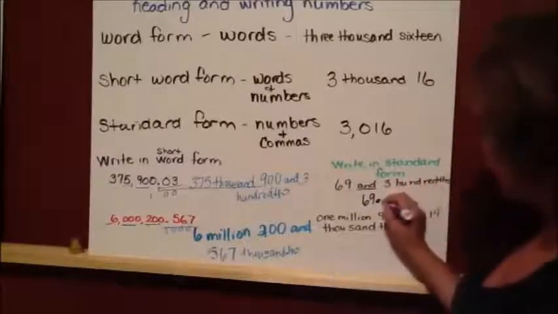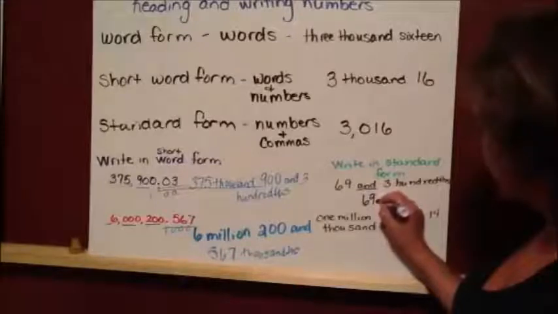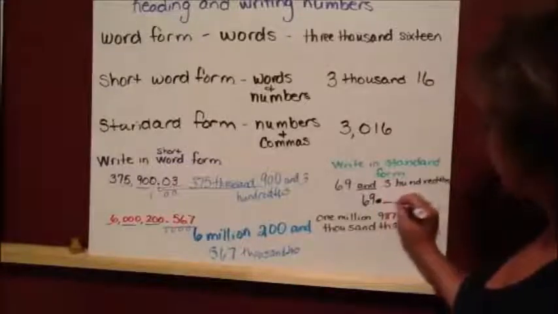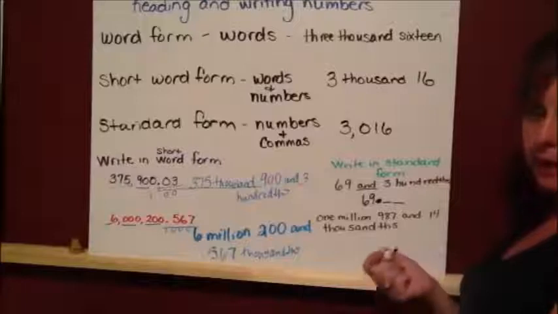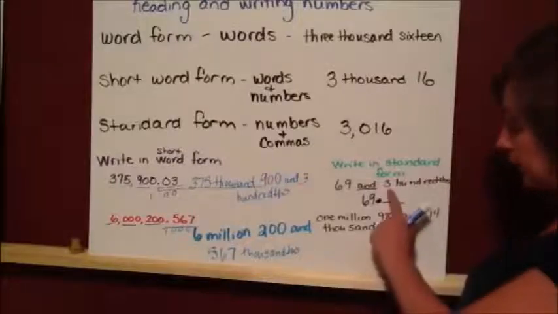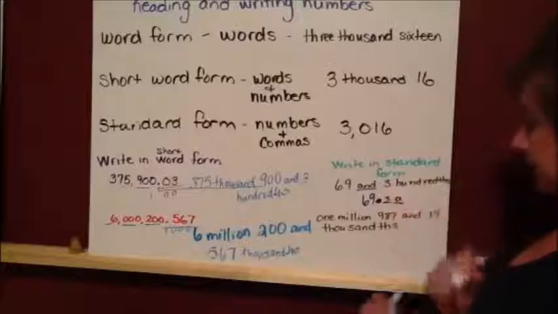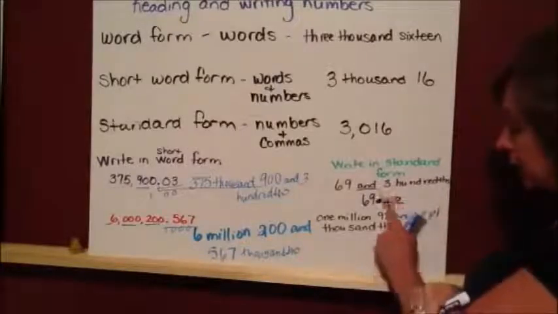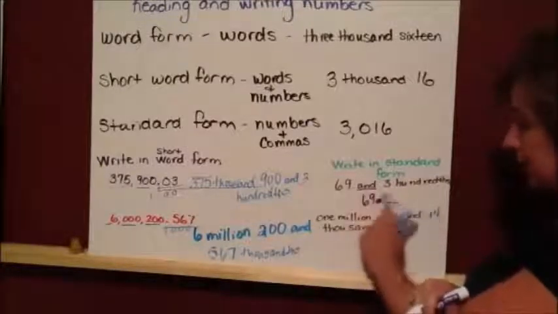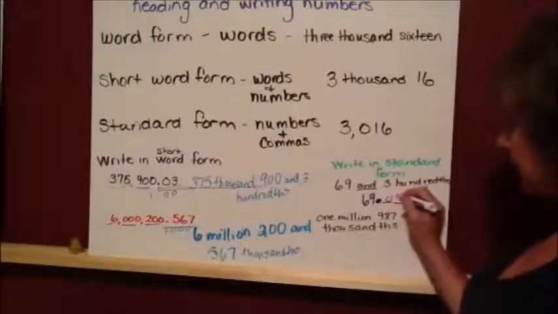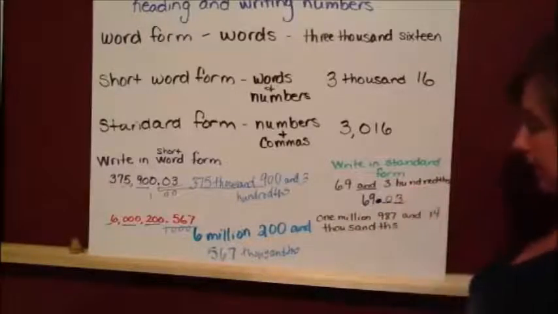Well, counting smaller is not difficult, tenths, hundredths. I know I need 2 spaces, and I have to make the number 3. If I put the number 3, I've done it incorrectly and done 30/100ths. But 69 and 3/100ths looks like that.